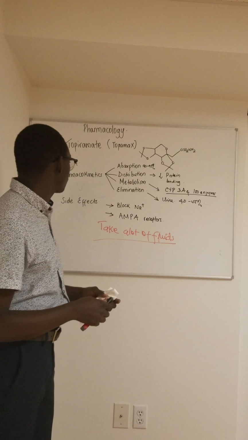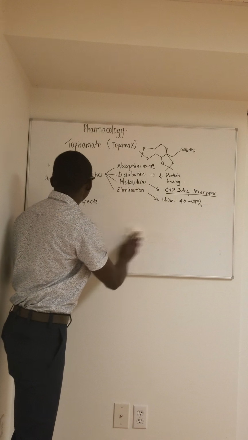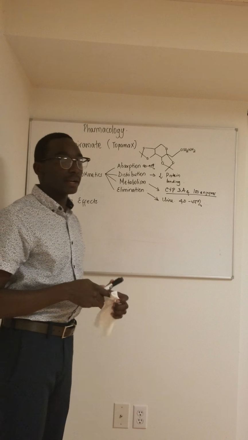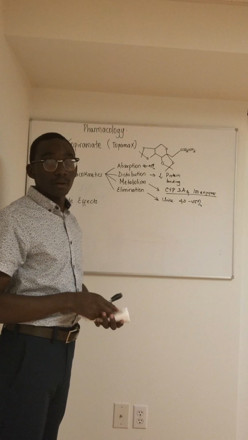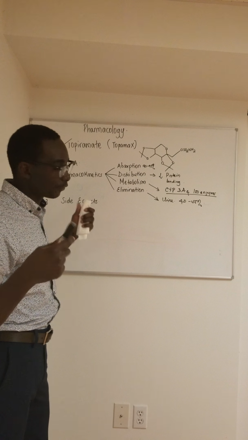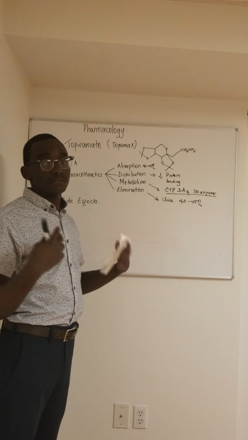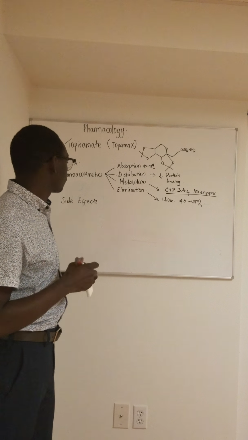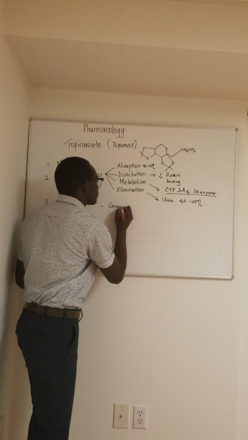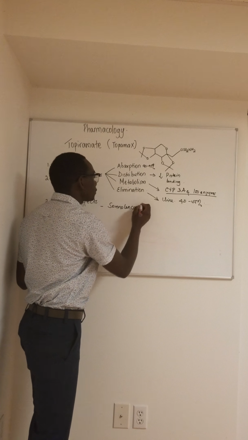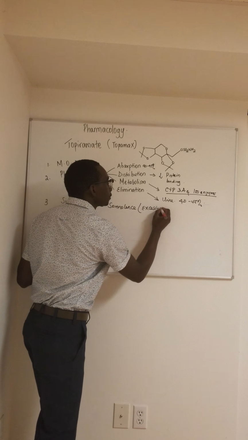So let us further jump into the side effects of this drug. Since this drug can cross the blood-brain barrier, most of the side effects we're going to see are centrally located. The first one is somnolence, or excessive sleepiness.